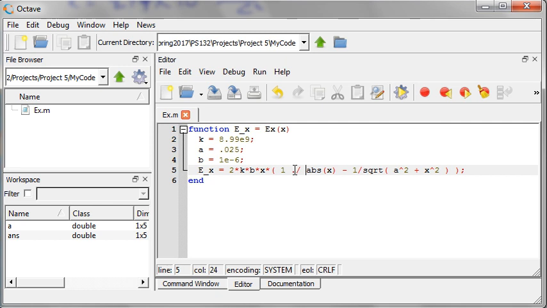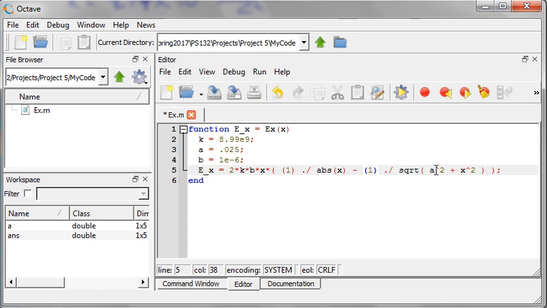But when I go to divide, this is going to be an array of 101 values, so I need the dot slash instead of just the slash for that kind of division. And then over here, I need the dot slash instead of just the slash. I'm a little concerned that it'll take it as a decimal point, so I'm going to put an extra space in there, and I'll also put the 1 in parentheses, so that dot is clearly part of the dot slash.